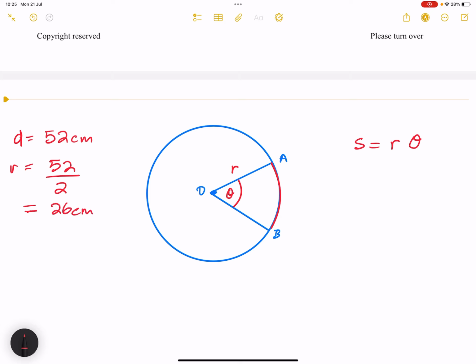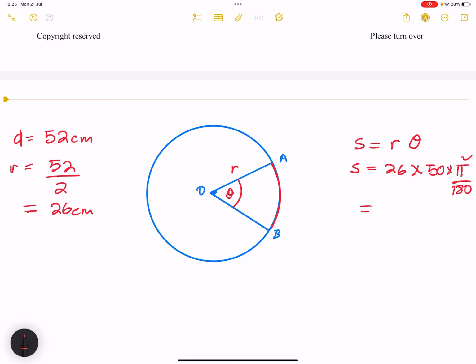So the arc length will be equal to r, that's 26, multiplied by the central angle, 50, multiplied by pi over 180. Remember, we are converting from degrees to radians, and we multiply by pi over 180.